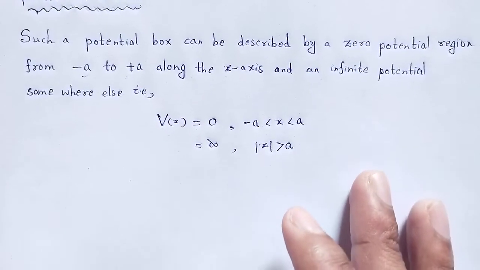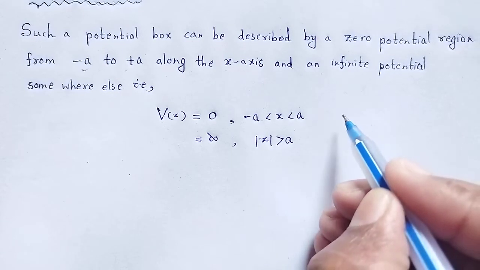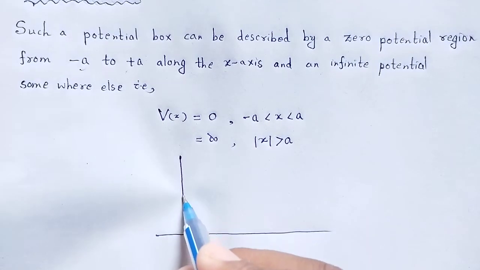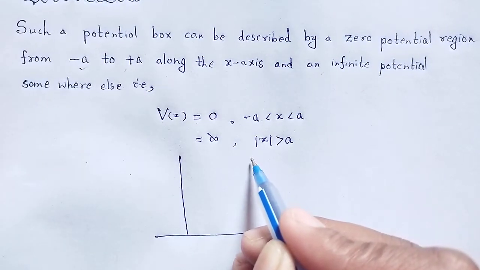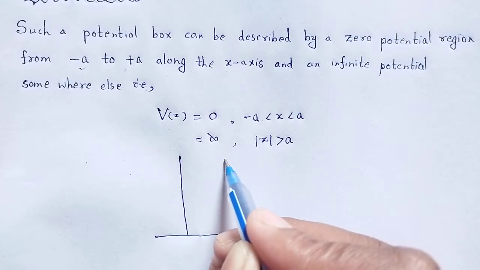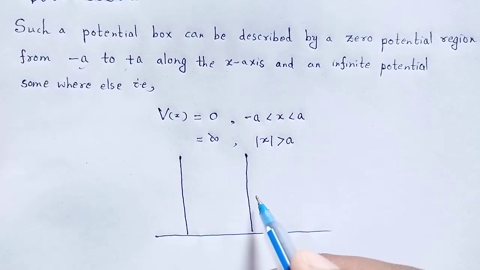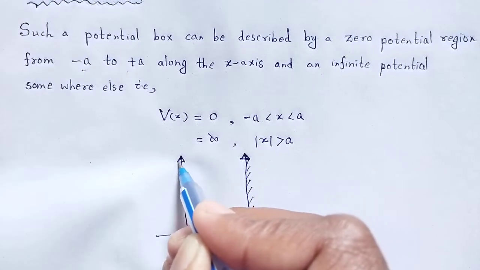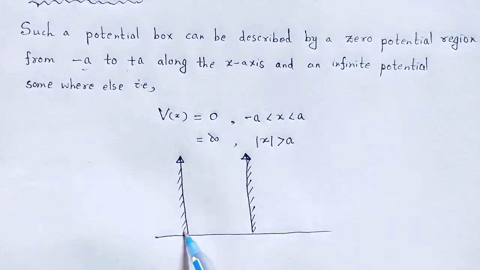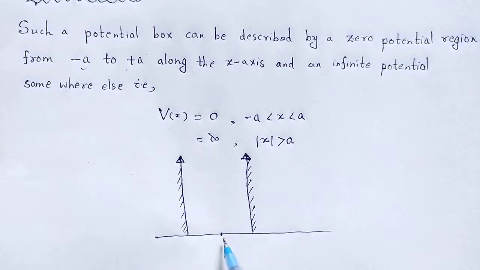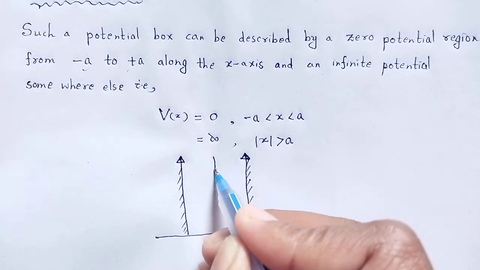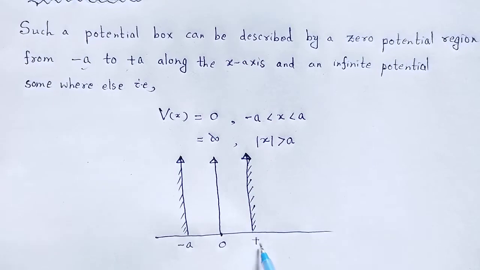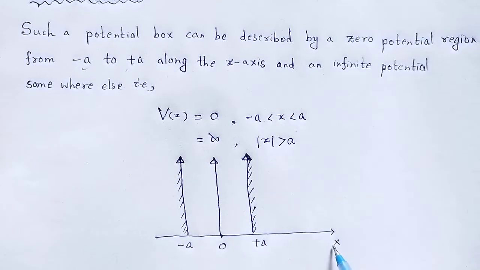Let us consider that potential box. Here we choose the potential box like this, with the origin at O, from minus A to plus A along the x axis.